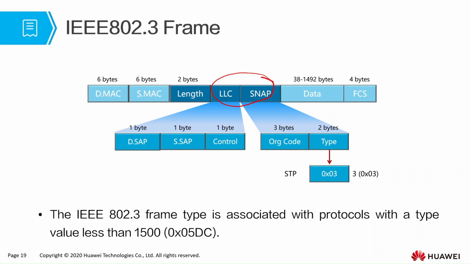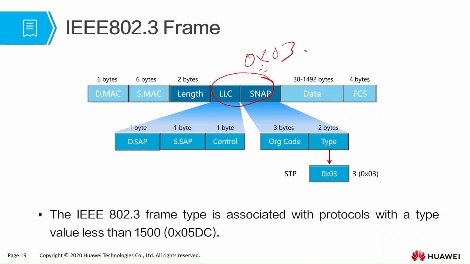So for example, if you are using STP, you will still have your SNAP here. You will be using a protocol number, it will be 0x03. So this one is under the IEEE 802.3.